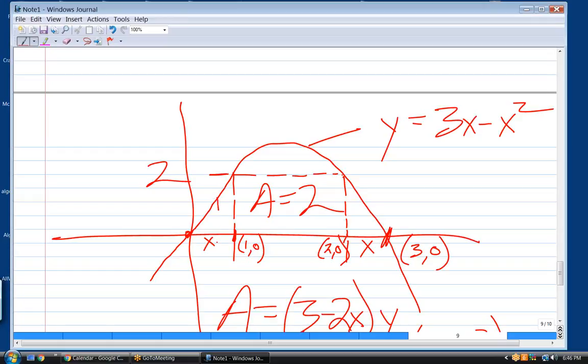In other words, if I tried making the rectangle like this, I'm going to get a value, but it won't be as big as 2. Okay? Hence, optimization. In other words, we're trying to figure out how to maximize or sometimes minimize stuff.